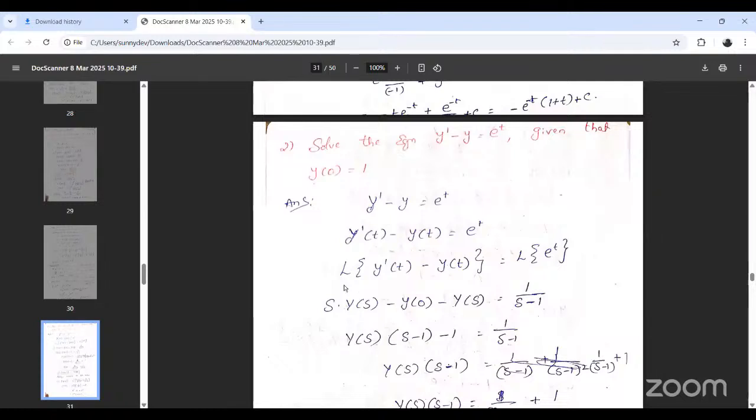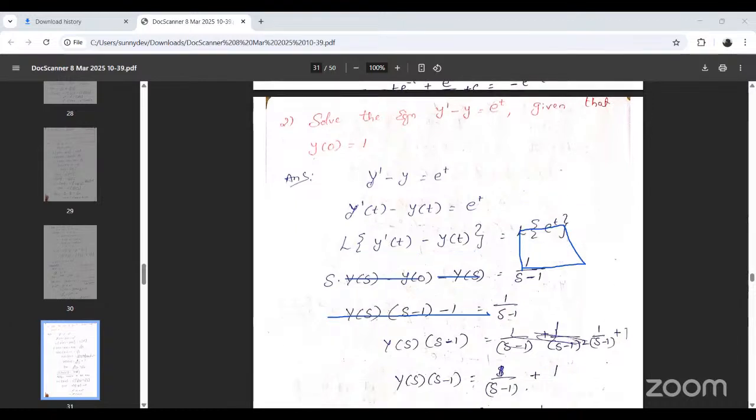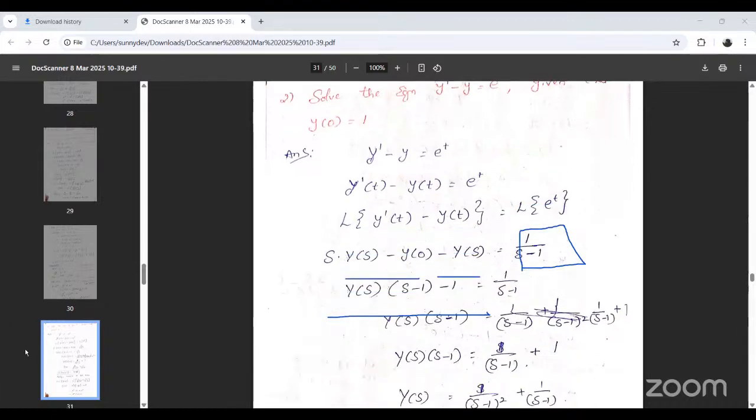So this is s into y of s minus y naught, then y of t equal to y of s, and the Laplace transformation of e power of t equal to 1 by s minus 1.